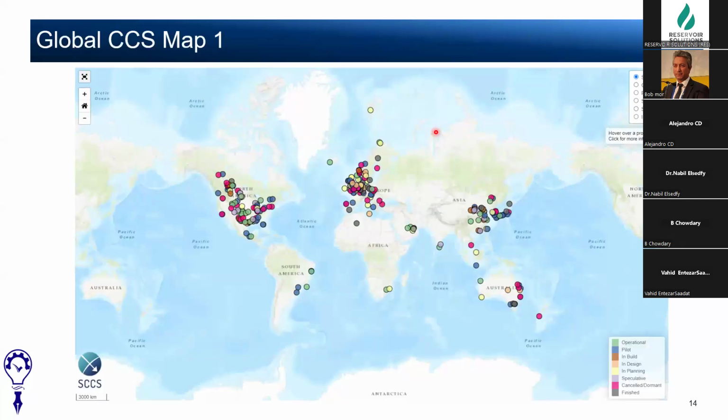These figures show us the global CCS map. This map provides CCS projects around the world. Here we will find information on large-scale projects, operating and planned, which capture, transport, and store at least 500,000 tons of CO2 per year.